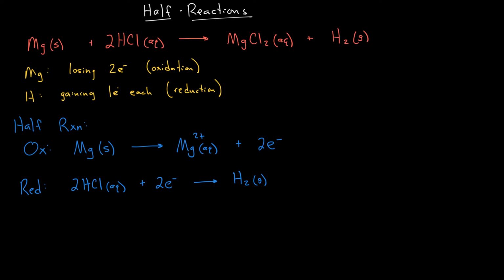And so we're going to add a wire into the whole thing so that the electrons have a way to get from the site of oxidation to the site of reduction. So that is a really important thing to understand in terms of half reactions. It really sets the stage for being able to understand how the electrochemical cell functions.